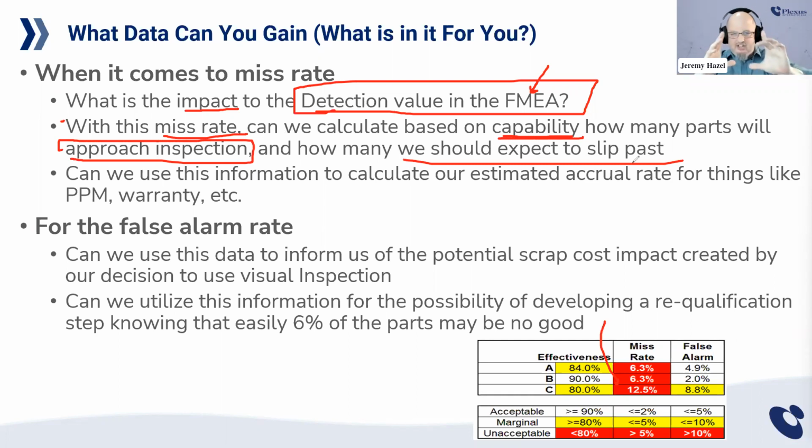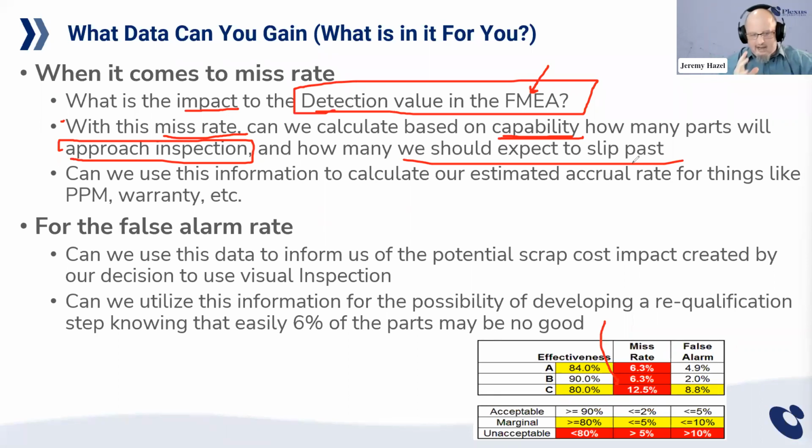Because if your capability is poor and you know you're consuming most of your tolerance and you know your miss rate is atrocious, you're going to get a high number of suspect shaky parts that are entering your inspection, and your inspector is far more likely in those little areas to put it right into the box and away it goes. They'll wave at it right as it goes by.